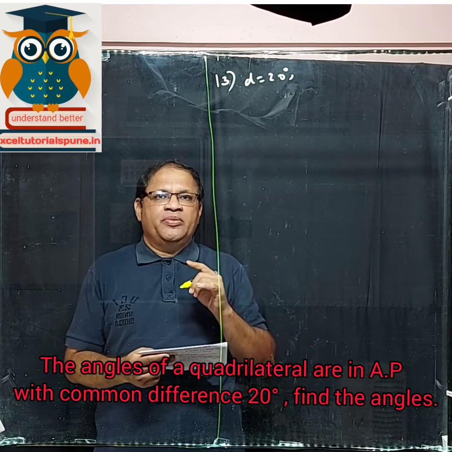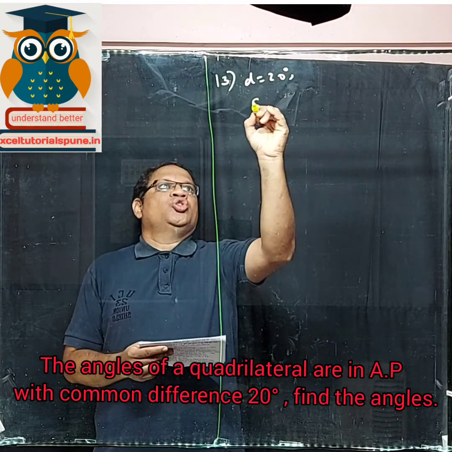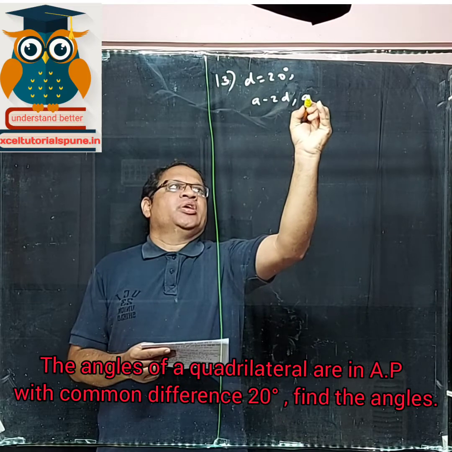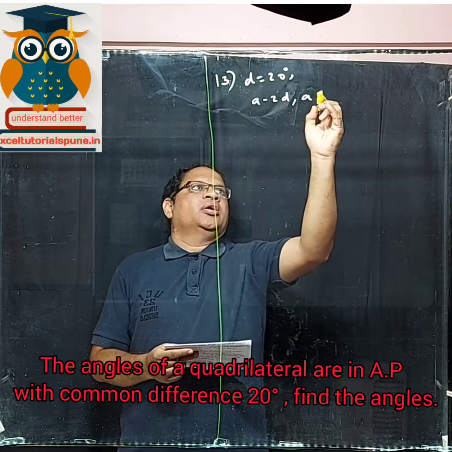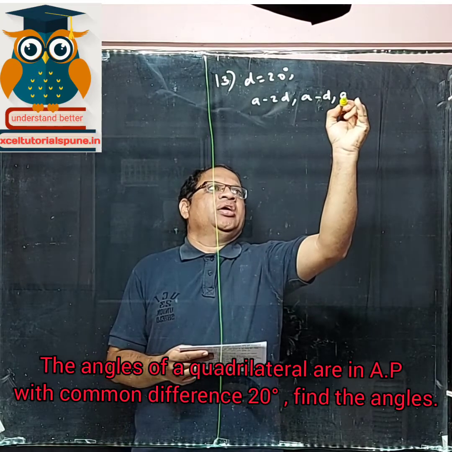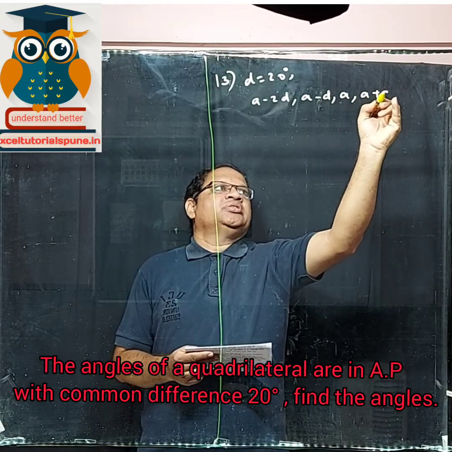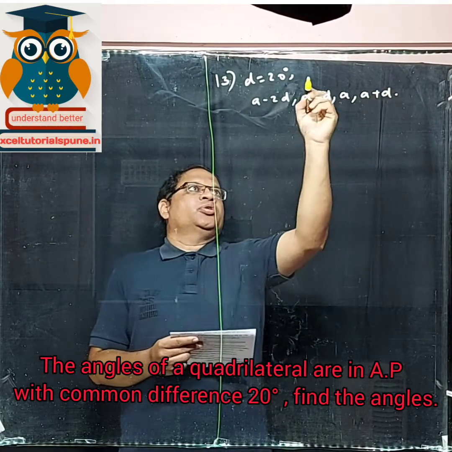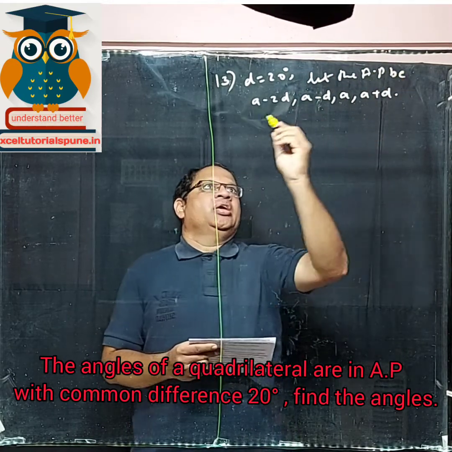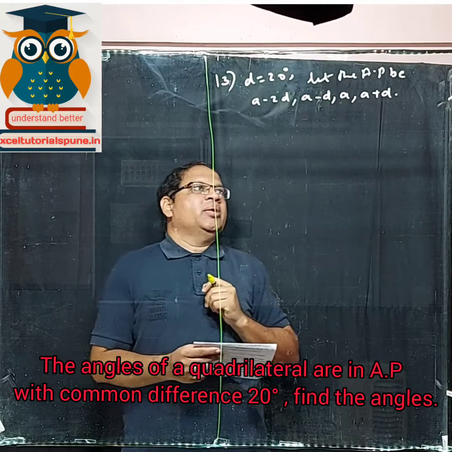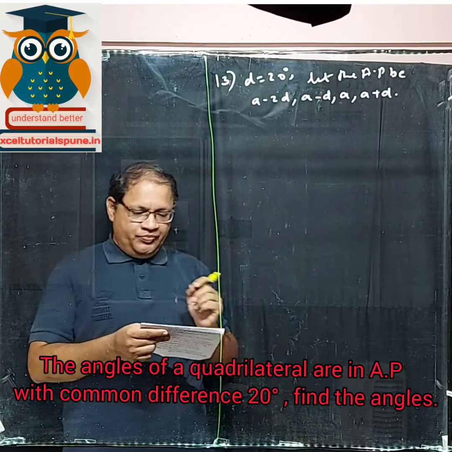I've given it in the formula section. So a minus 3d, a minus d, a plus d, a plus 3d. So to start like this, let the AP be a minus 3d, a minus d, a plus d, a plus 3d.